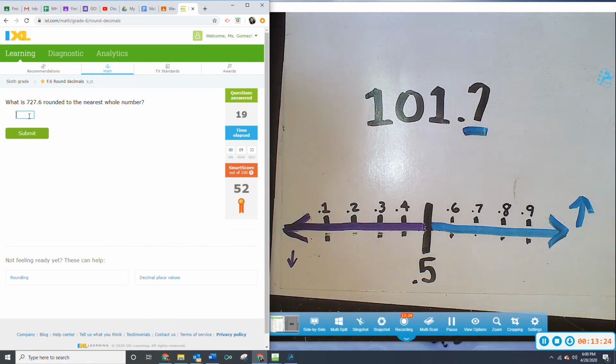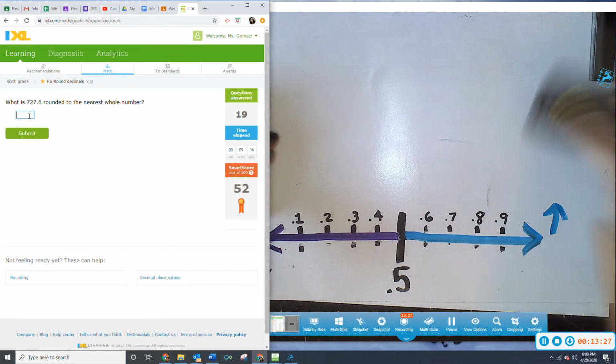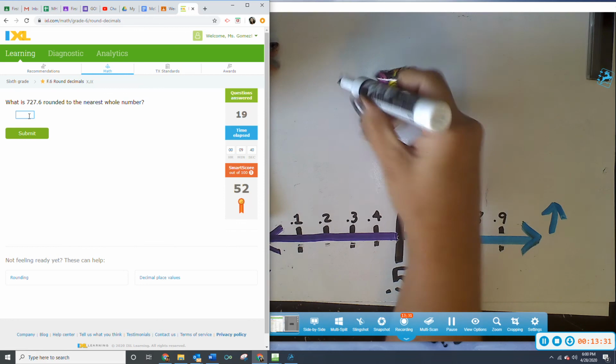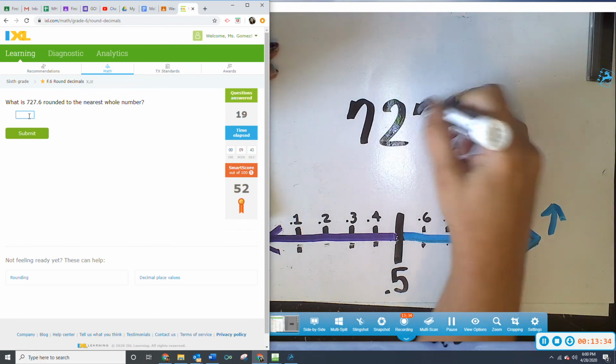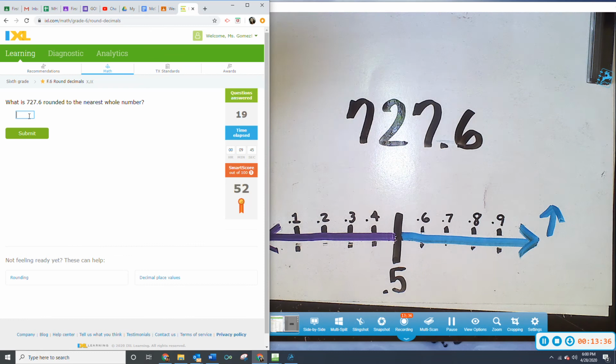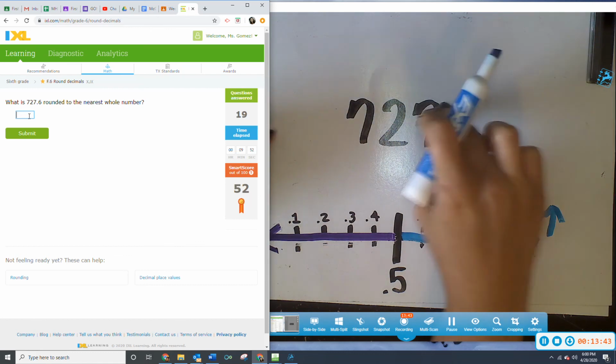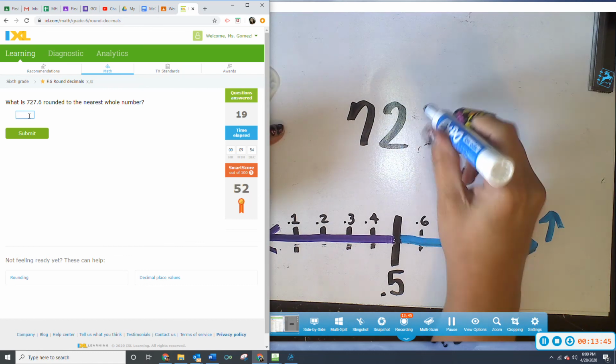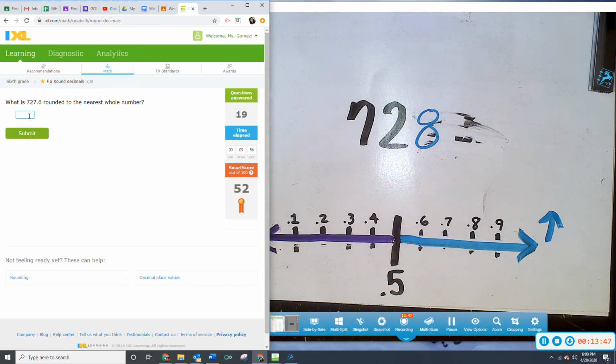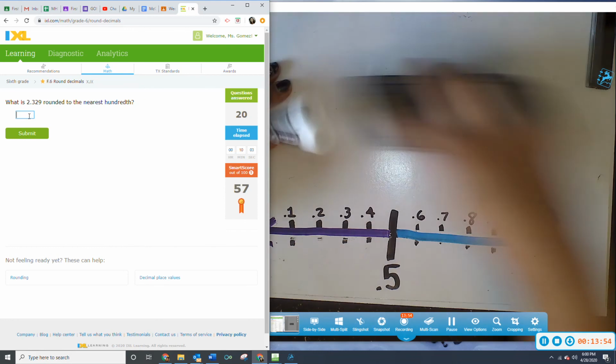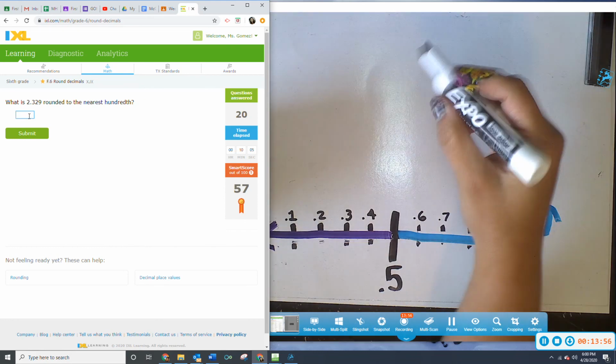And again, it's keeping it nice and easy for us, for right now at least. 727.6. 0.6 is on the blue side, so that means I should round this up to an 8. 728. There we go.